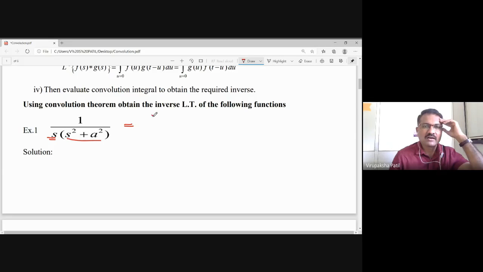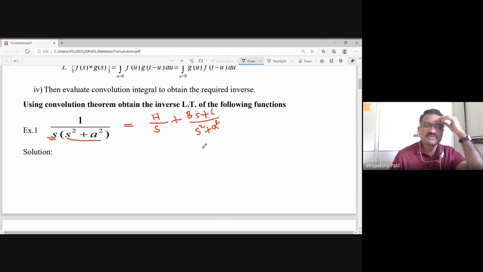I am not talking about convolution now; if you use partial fractions, you are going to write this as A by s plus (Bs plus C) divided by (s square plus a square).